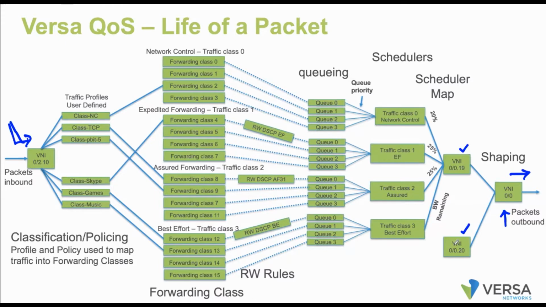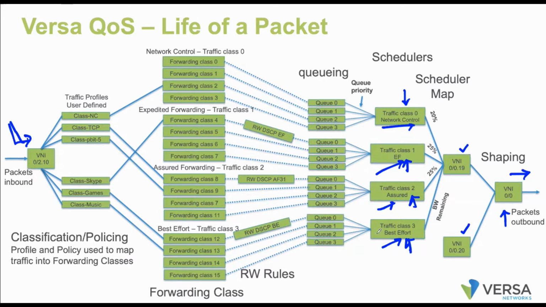To each and every interface, there are some classes that are bound. What classes do we have in Versa? The traffic classes: NC, EF, AF, and then best effort. The traffic classes are network control, expedited forwarding, assured forwarding, and best effort.